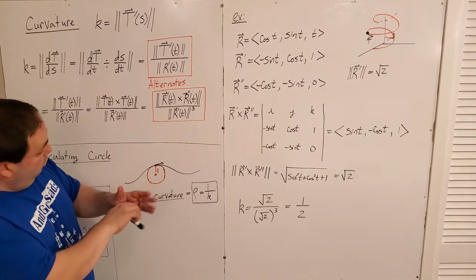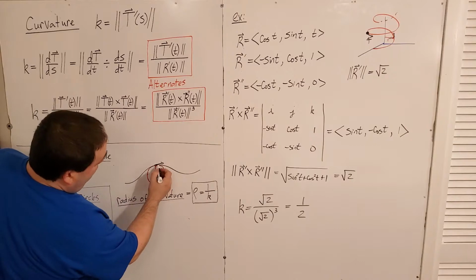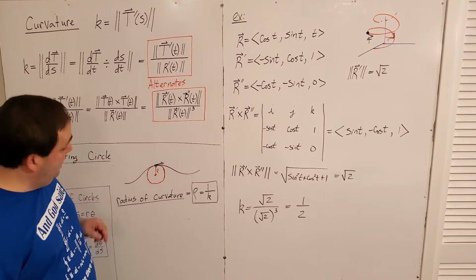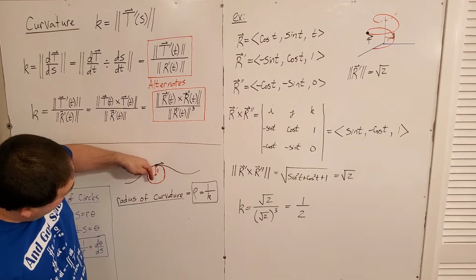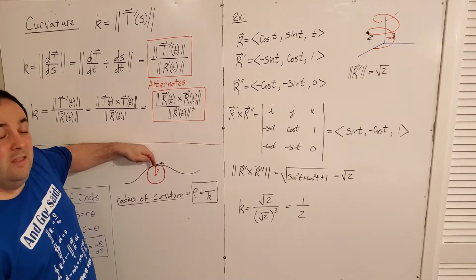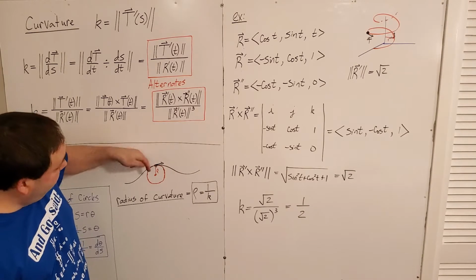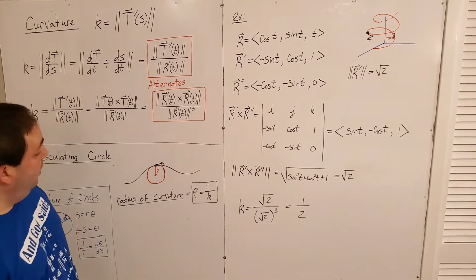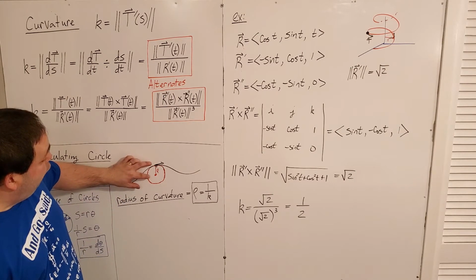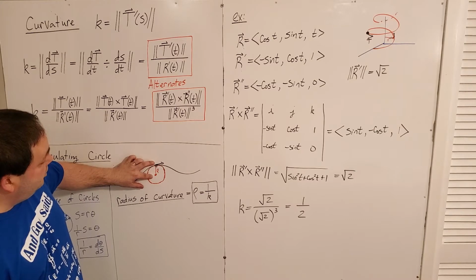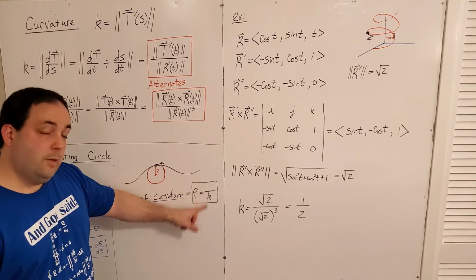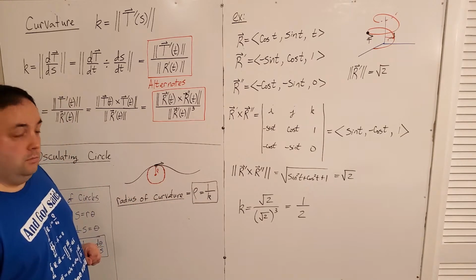So the radius of the circle would have to be at a right angle, which, don't forget what that means. It means that the radius of the osculating circle then points in the direction of capital N, the unit normal vector, right? That helps if you're ever having to find it. Okay, and then the radius of the osculating circle is the reciprocal of the curvature, okay?